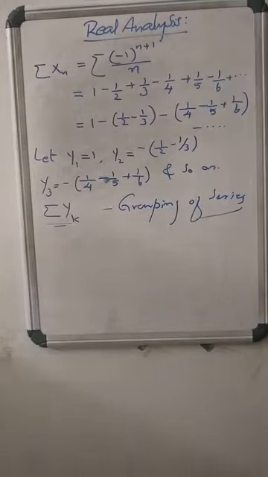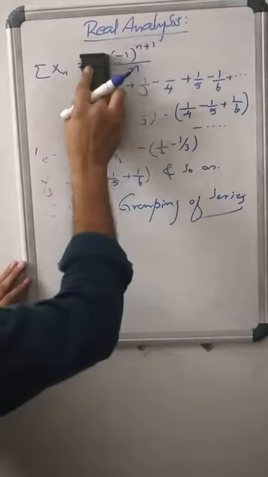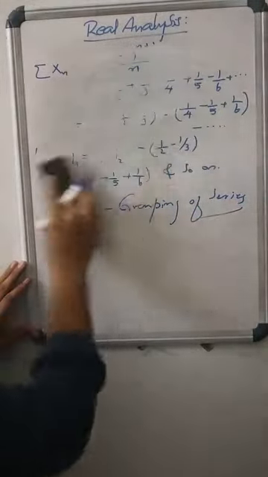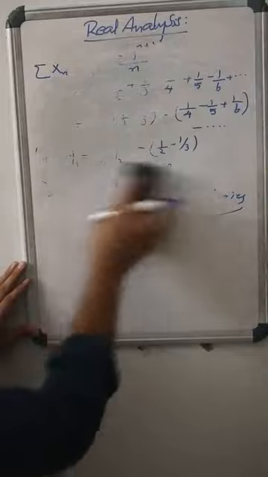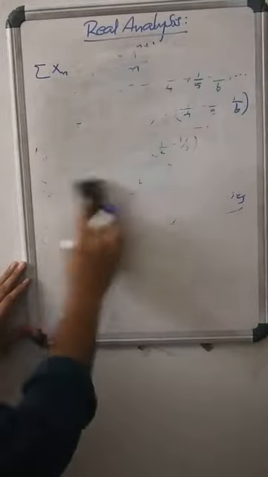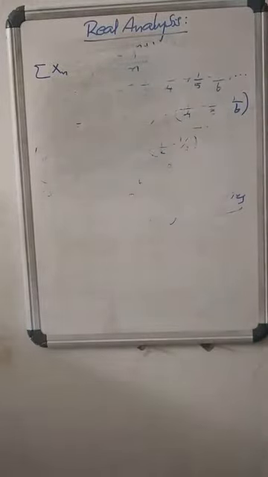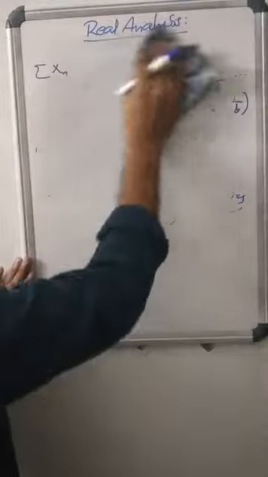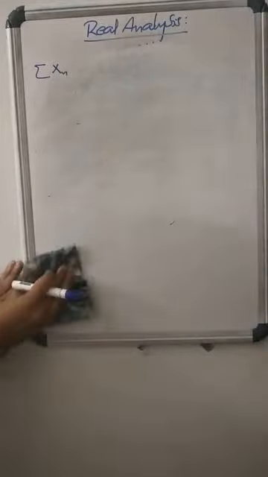So its proof: sigma xn converges means its partial sums converge. Let Sn be the partial sum of the series sigma xn. Then when sigma xn converges, Sn also converges.